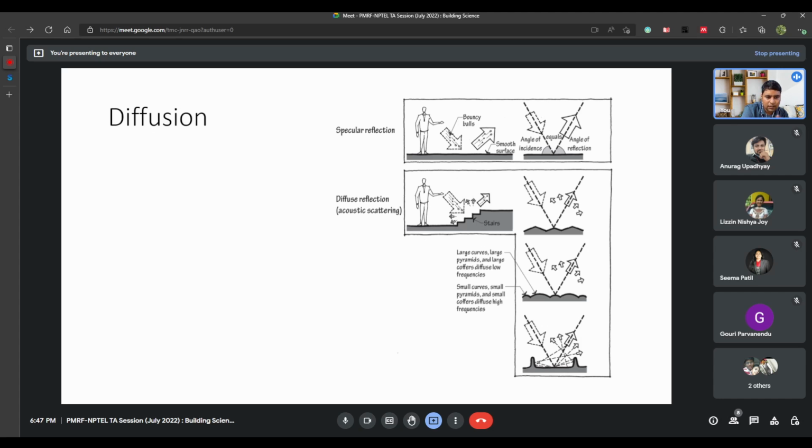Imagine this big arrow as a higher sound intensity level, higher sound pressure level. In the diffused case it gets reflected and scatters in different directions, and the actual intensity splits into smaller portions.